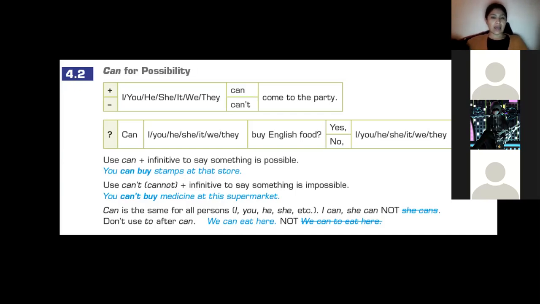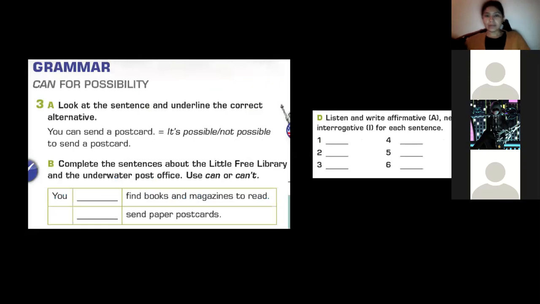So, it's we can go to the doctor, or we can eat sushi, or like that. So, entonces cuando tengo un verbo después de can, no voy a agregar to. It's just gonna be the verb like that. Questions still here? ¿Preguntas hasta aquí?